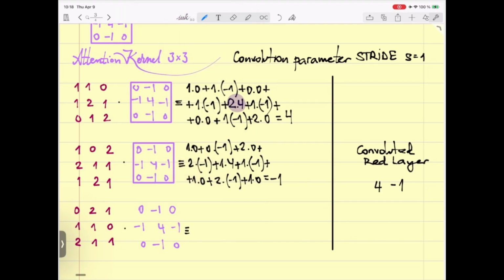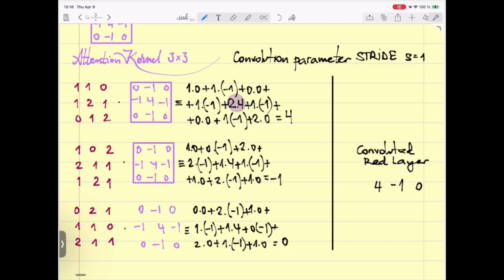We perform the calculation again. 0 times 0 plus 2 times minus 1 plus 1 times 0 plus 1 times minus 1 plus 1 times 4 plus 0 times minus 1 plus 2 times 0 plus 1 times minus 1 plus 1 times 0. This yields minus 2. Minus 1 minus 3 plus 4, 1. Minus 1 is going to be yielding 0.